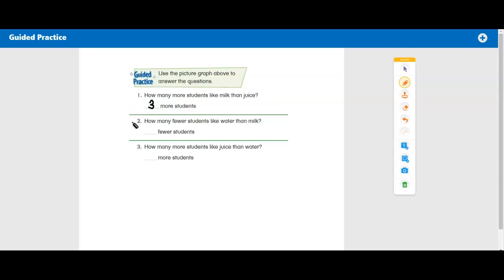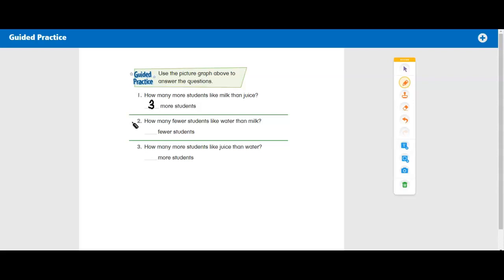Our second question, number 2, says how many fewer students like water than milk? When we look at our picture graph, we can see that 6 students chose milk and only 1 student chose water.